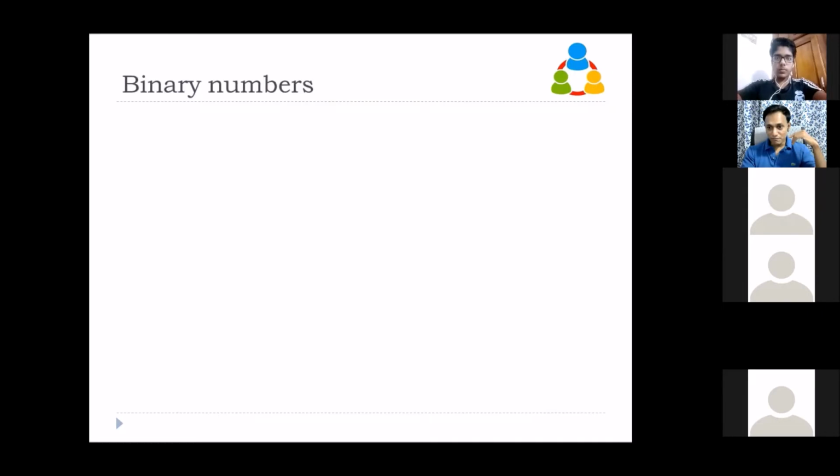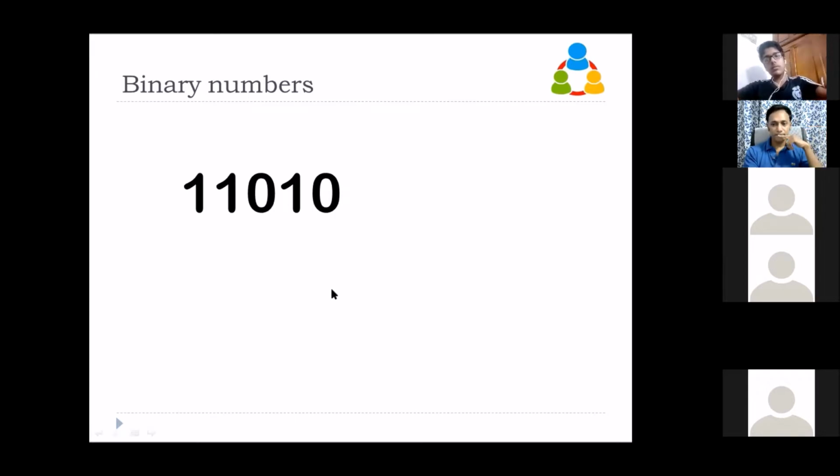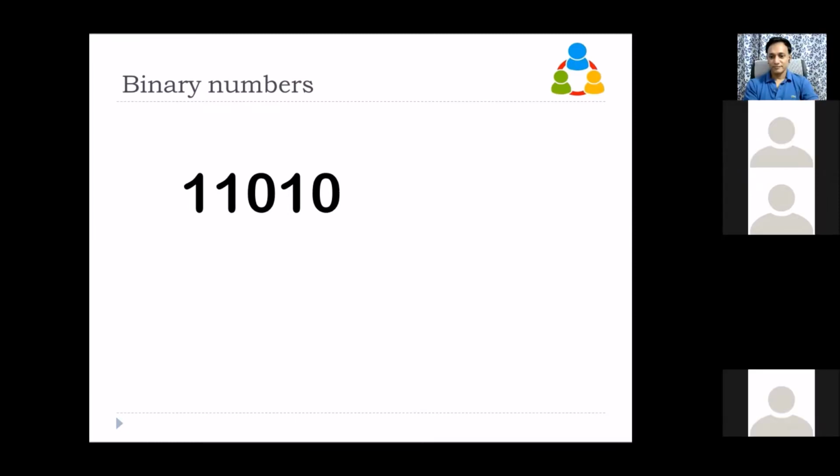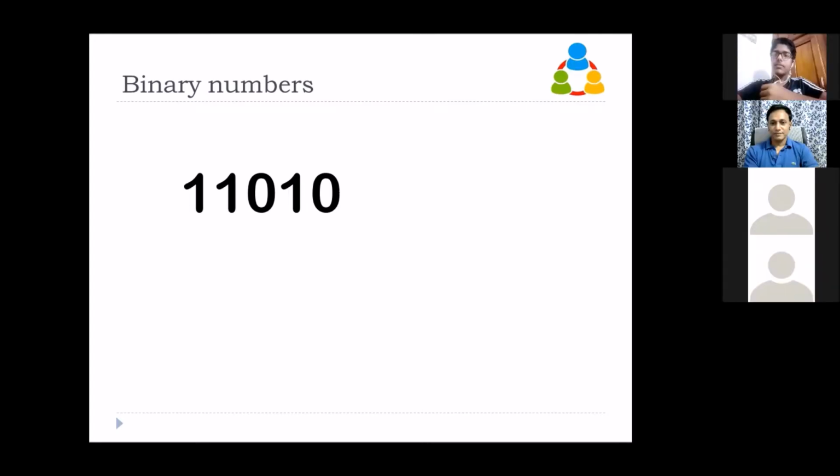Now, when we get into binary, tell me what could be the value of this first one? 0. Okay. So what will be the place value of this position? That is ones, 2 raised to 0.